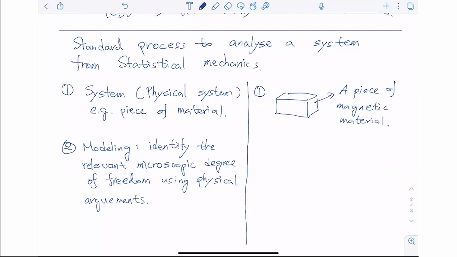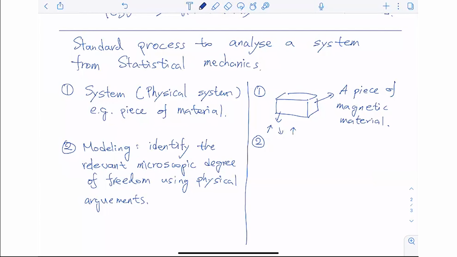So let's take our magnetic material, for example. If we want to study the magnetic property of the system and identify the important microscopic degrees of freedom, it is very natural to imagine that in this material, maybe there are a bunch of little magnetic moments pointing in various different directions.